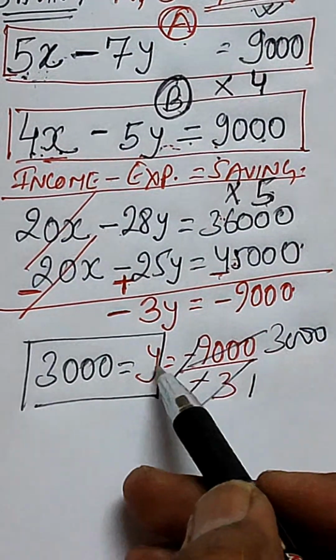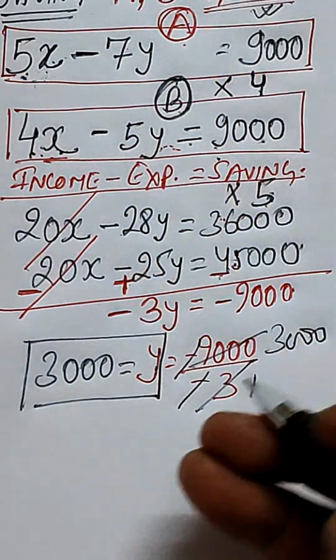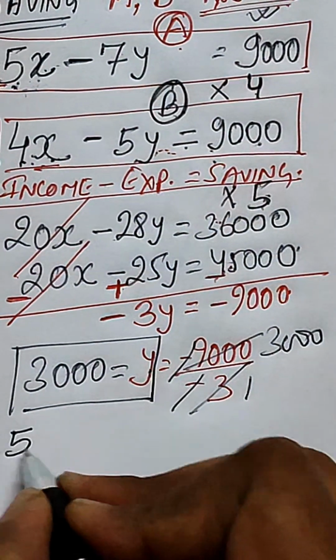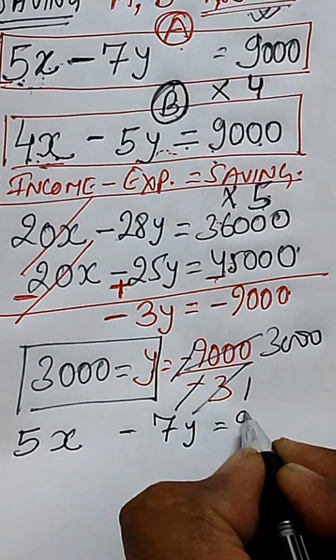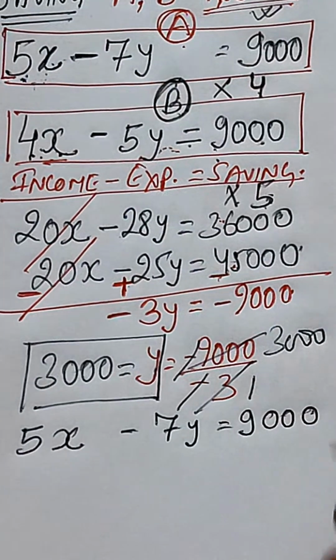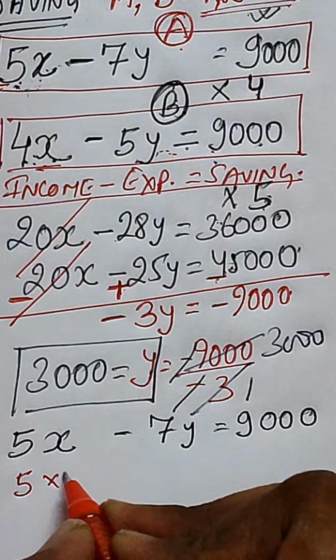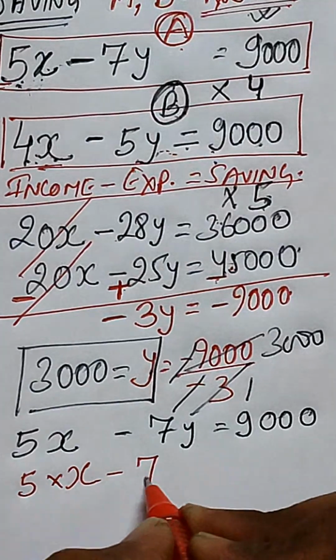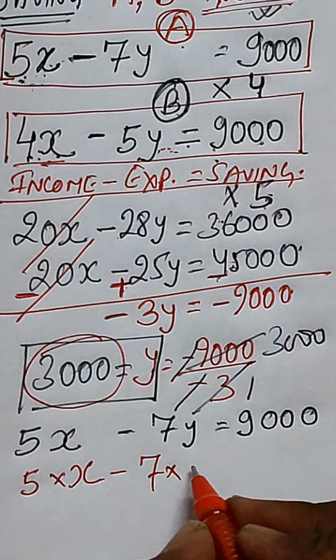So let us take the first equation, 5x minus 7y equal to 9,000. From the first equation we can write 5 times x minus 7 times the value of y, this one, 3,000.